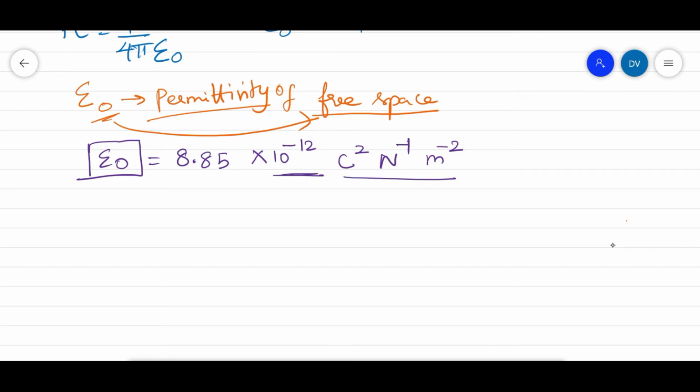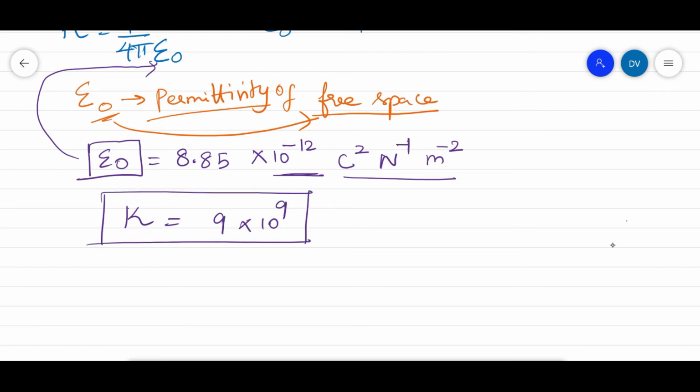Now if I substitute the data, what will be the answer for 1 by 4 pi epsilon naught? In the place of epsilon naught, if I substitute this data, then what will be the answer for k? It is nothing but 9 into 10 to the power of 9. So remember this value also.